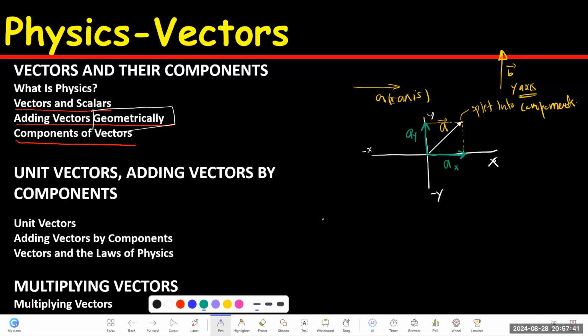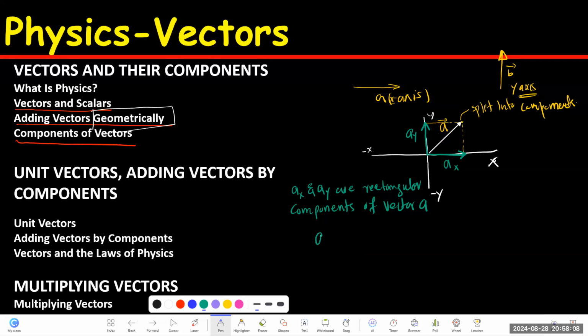So really I'm going to be writing here: Ax and Ay are rectangular components of vector A.